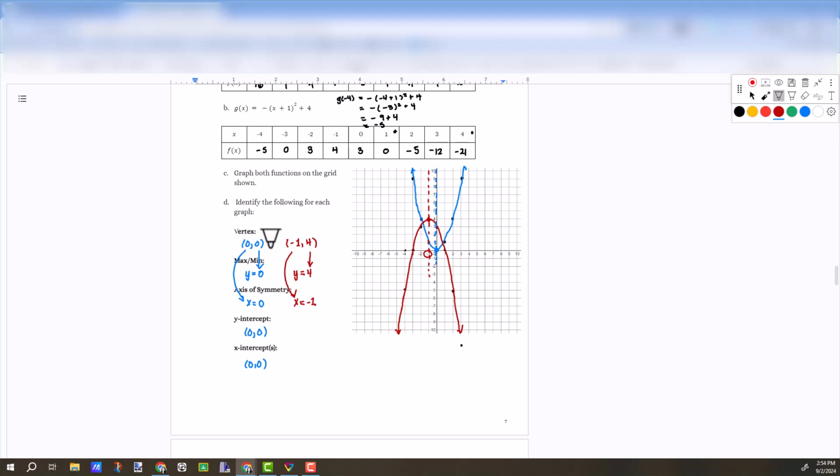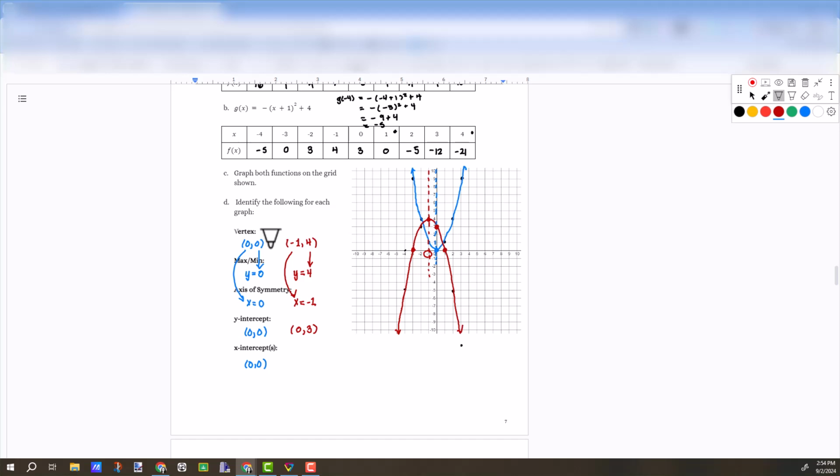Let's talk about the y-intercept here. Now, this one is different. The y-intercept of this graph, look at that, x still equals 0, but y is 3. There we go. Now, what about those x-intercepts? Well, this one is not like the first one. This one actually has 2. It has one right here, and it has one right here.